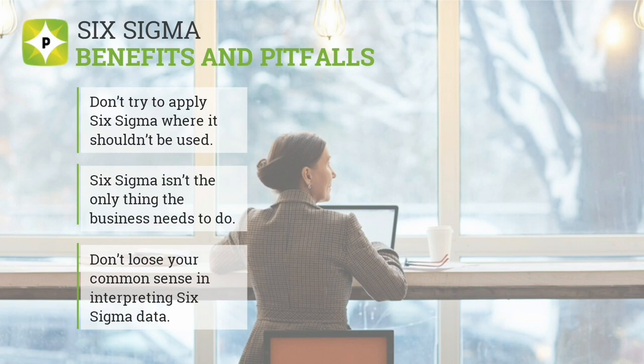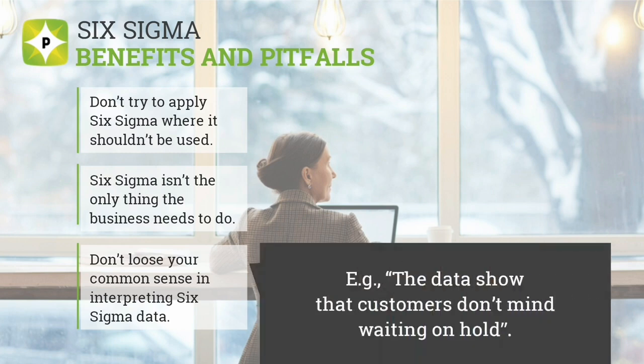But don't be too quick to accept the data at face value. Think about why the data show what they show. For example, if data indicate that customers on hold for 1 hour are as satisfied as those whose calls are answered immediately, perhaps it's because the customers unhappy about holding have already hung up the phone and were not surveyed.